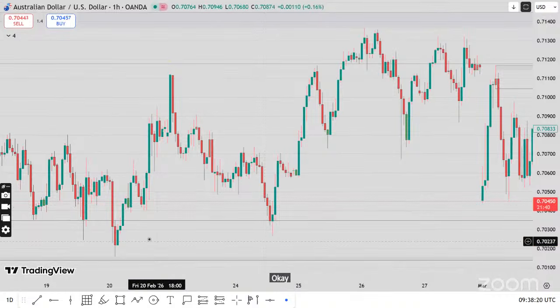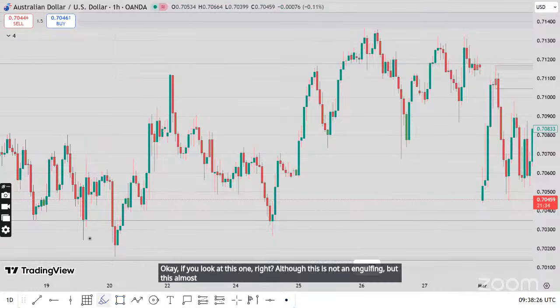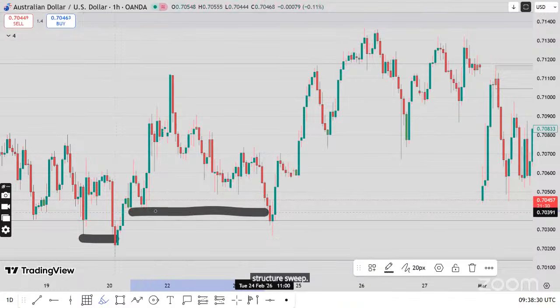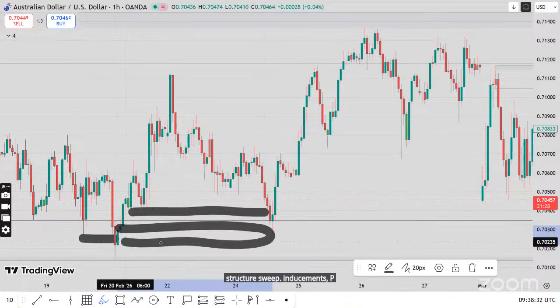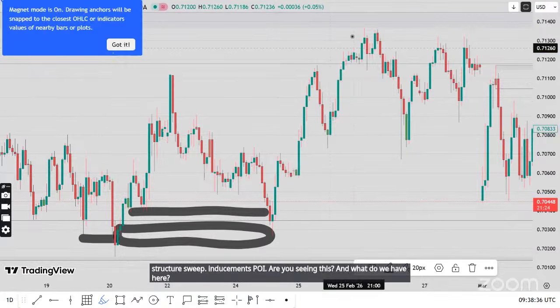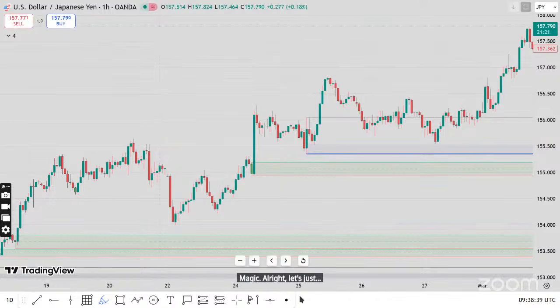Okay, if you look at this one, although this is not an engulfing, it is almost something similar to what I need. Structure sweep, inducement, POI. Are you seeing this? And what do we have here? Magic. All right, let's just scan.